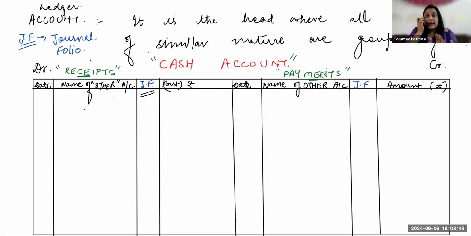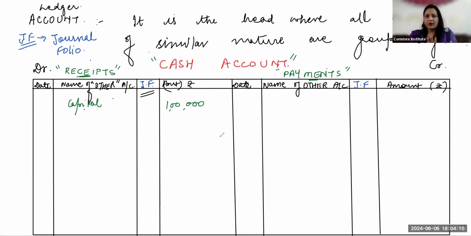So suppose the capital is invested into the business. What is happening when the proprietor invests the capital? The business receives cash. Suppose 1 lakh is invested by the owner into the business. So here we'll write capital, and in the amount column we put 1 lakh.